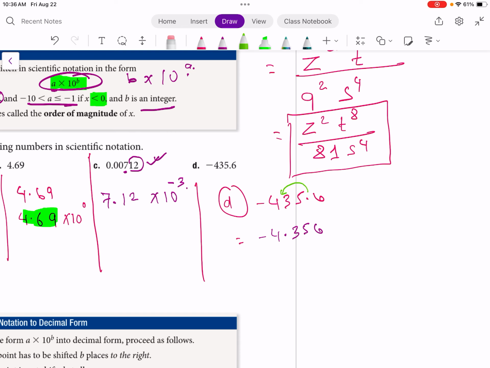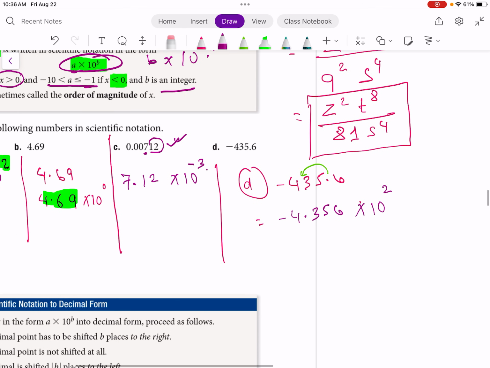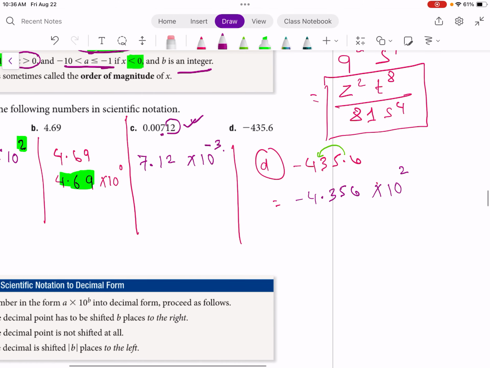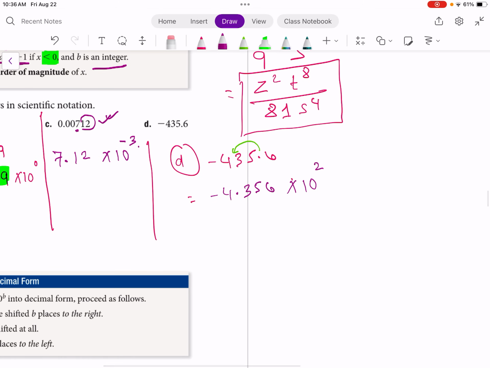So we move to the left, so it would be a positive exponent, times 10 to the power 2. Ignore the definition. So this is how we can write down a very big number or a small number in scientific notation. So let's do one more.